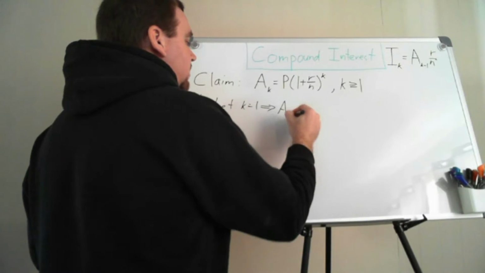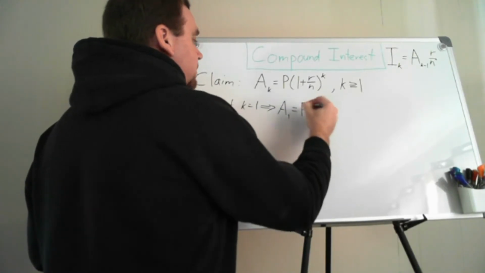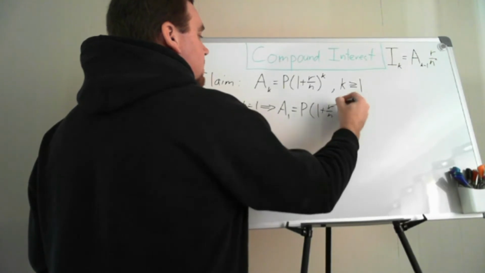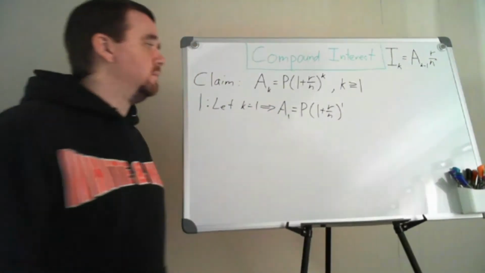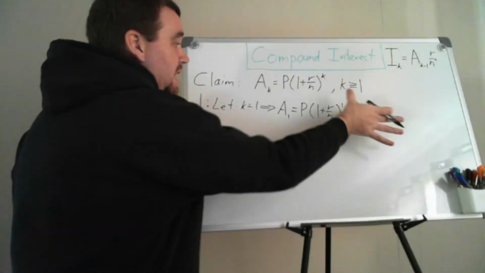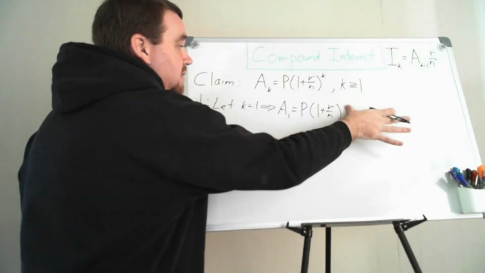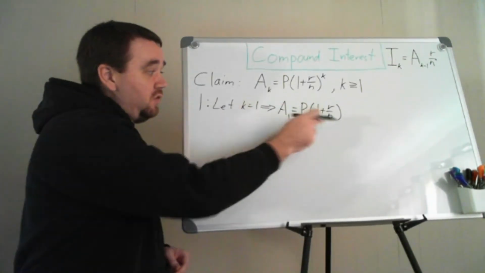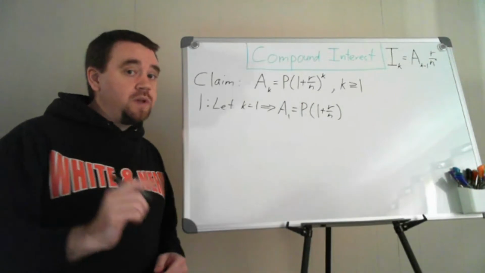Then we have A sub 1 equals P times the quantity 1 plus r over n to the power of 1. Now, anything raised to the power of 1 is just itself, so we can actually erase that. And what we just found previously was that is the value of A sub 1, so we know it's true.